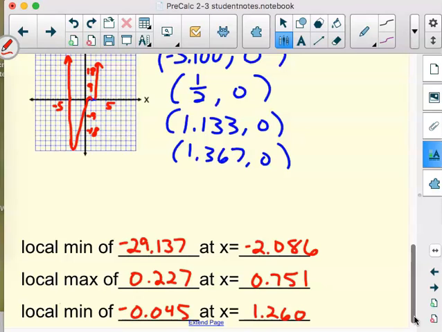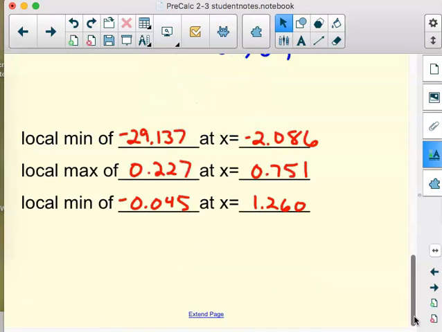So then it comes back down to our next 0, and that one was a local min of negative 0.45. So again, barely underneath the axis, and that's why we had that hidden behavior when we first looked at this. We moved that up in case you want to write those in on there.